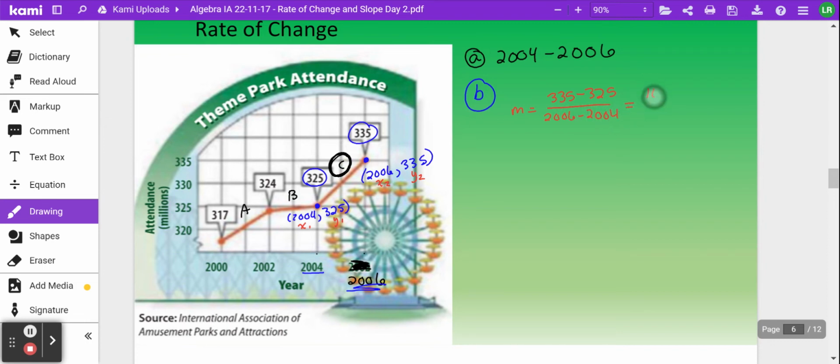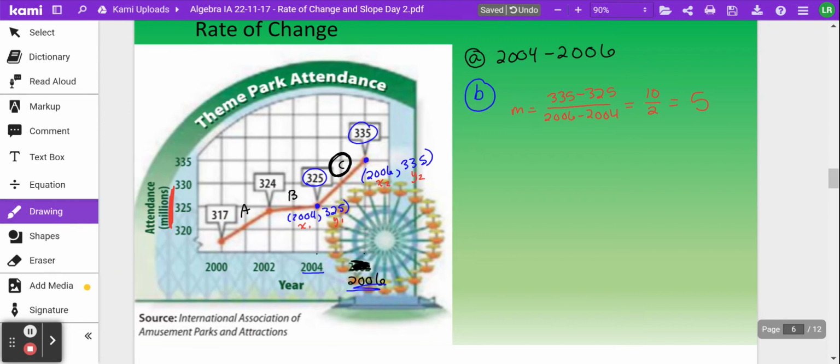That is going to be 10 over 2. And 10 divided by 2 is 5. Now, I will point this out. It's not just the number 5. It's actually 5 million. So that'd be part B.